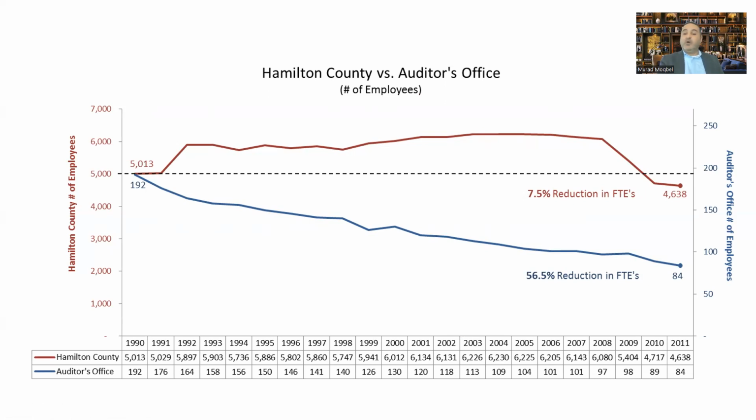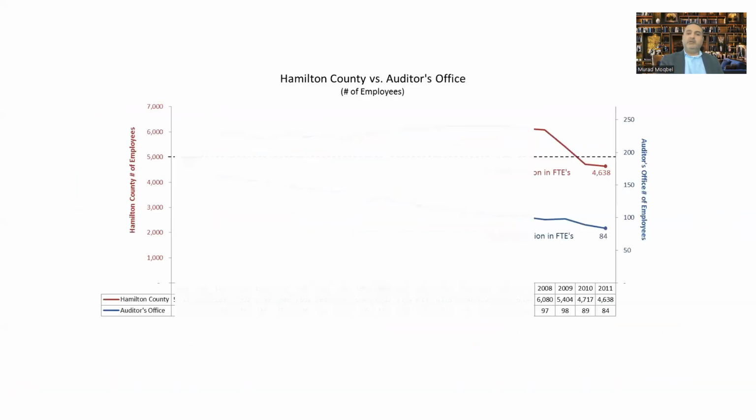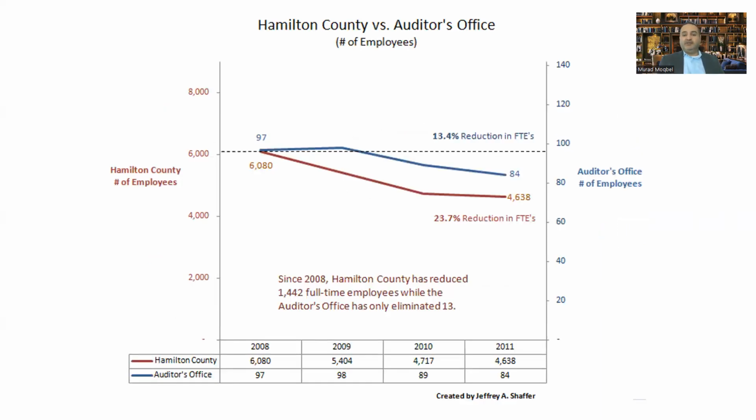So in other words, why don't we focus on 2008 and on, since the head of Hamilton County was hired during that time, right? So when we slice the data and start from 2008, this is how it looks. And now we put it in a chart and start our chart from 2008.